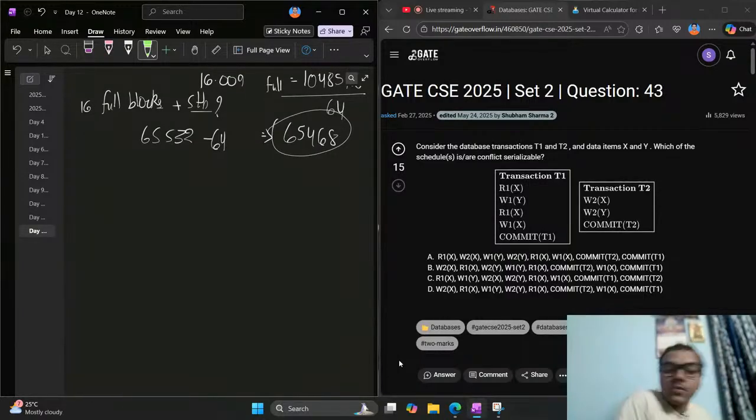There are a few rules for conflict serializability. They can be serializable, like the order can be changed without causing a conflict. That is what conflict serializability actually translates to. So if you read something, I mean, if you wrote something, R1X and W1Y.